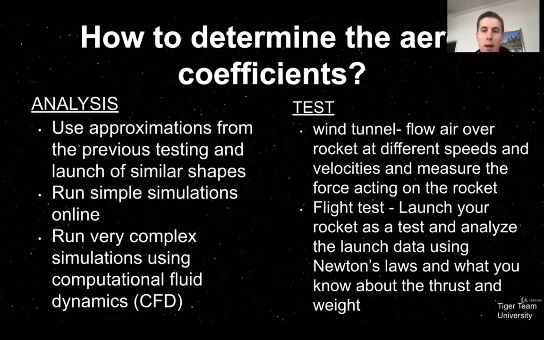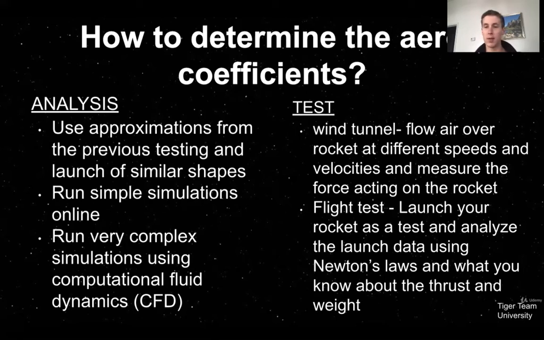So there's a few ways to determine what that CD is. Your options are split up between analyses and tests. So for analysis, you can use approximations from the previous testing and launch of similar shapes. You can run simple simulations online, or you can run very complex simulations using computational fluid dynamics, which is something I learned in college and we used heavily at SpaceX.